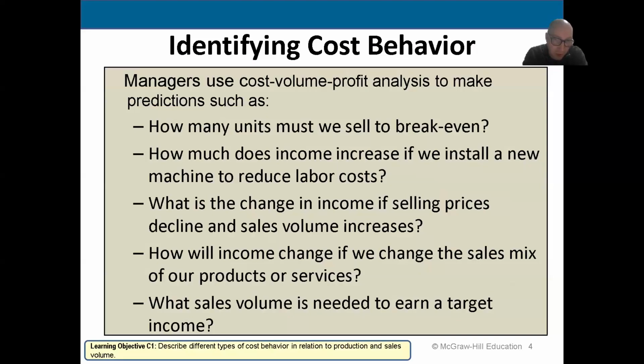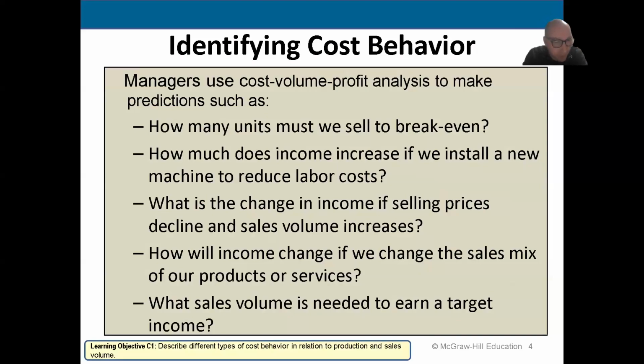What will be the change in income if my sales price goes down and my volume increases? Or what if I put something on sale? Right? I reduce the sales price. Well, that's good for the customer, but does that mean I need to sell more to break even? It's a cost behavior question.